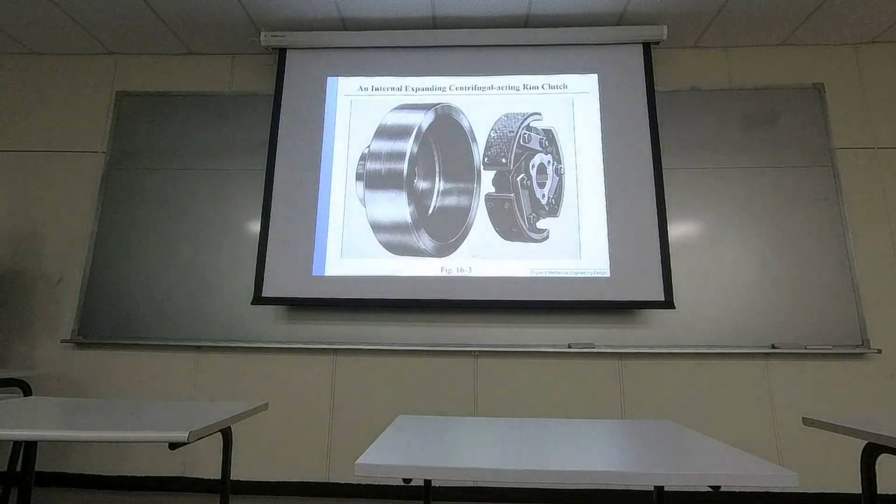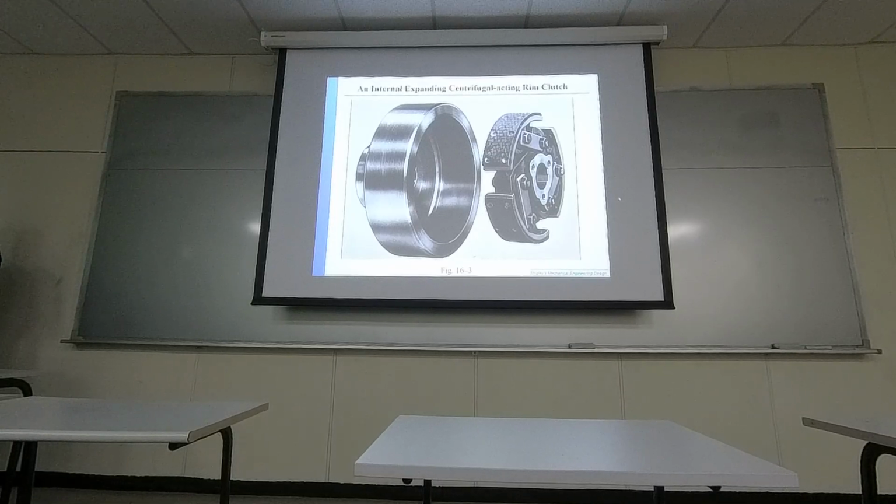Okay, so this is a ring type clutch. There are some materials surrounding the inner structure, and they have some linkage design. So the structure expands until this soft material has contact with the ring on the left hand side.